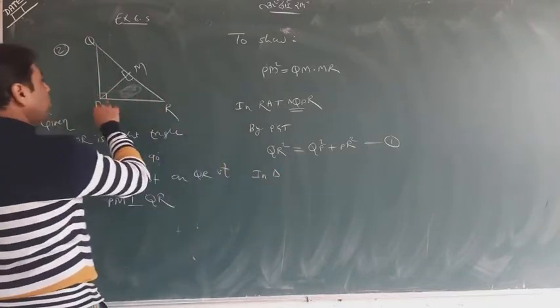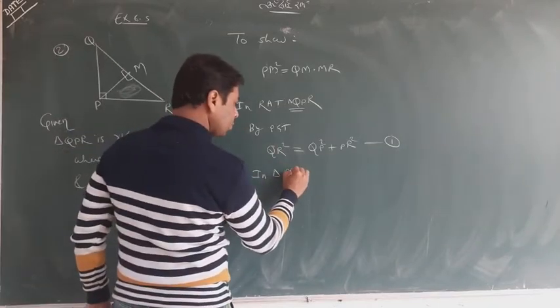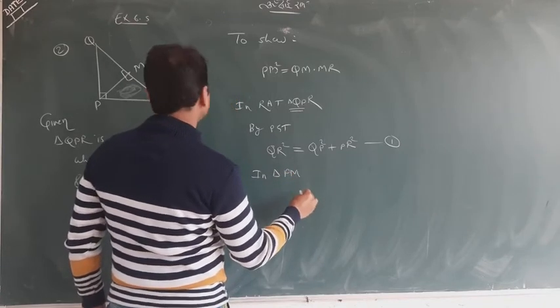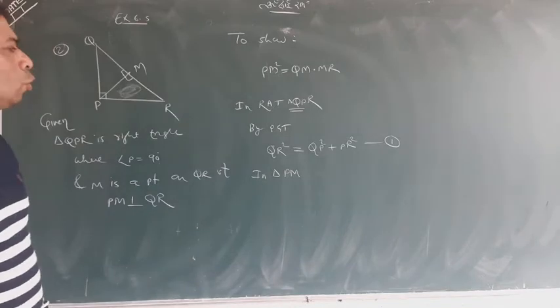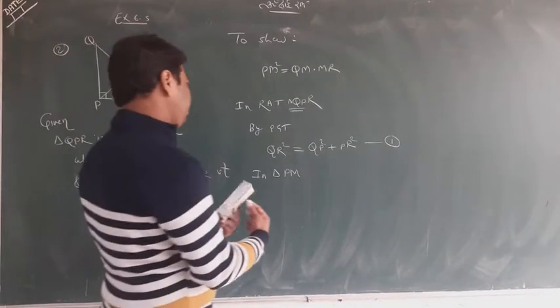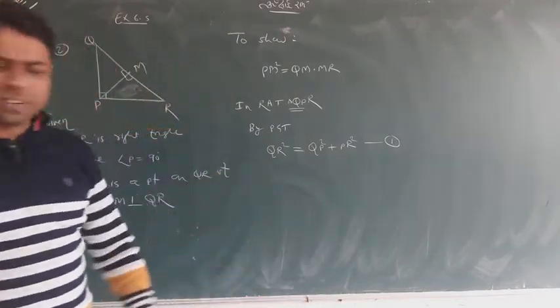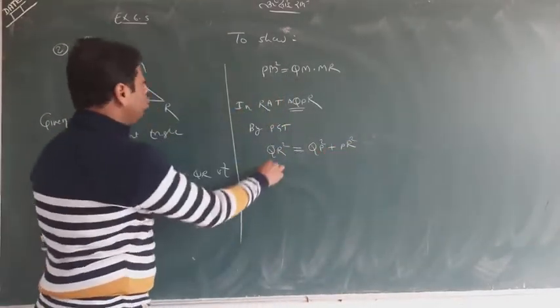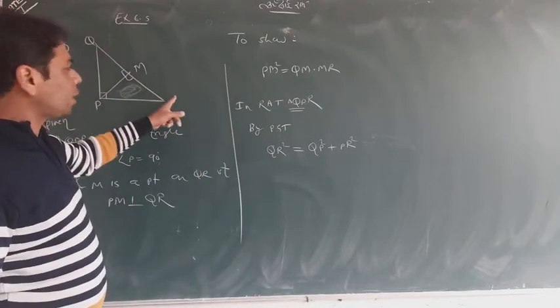Now, I'll go on to this triangle PMR. First I should take a small one, no matter at all. Let me tell you one thing which I can see right now. QR is okay. Can you see QR?